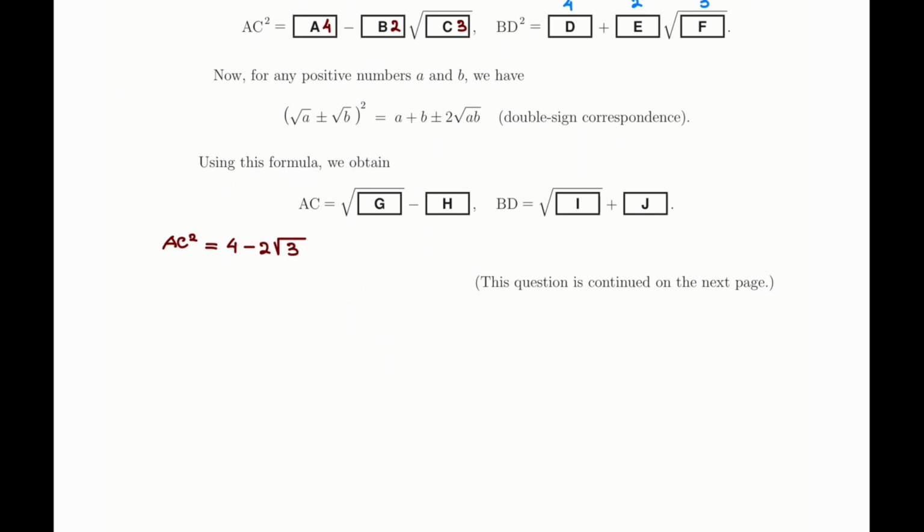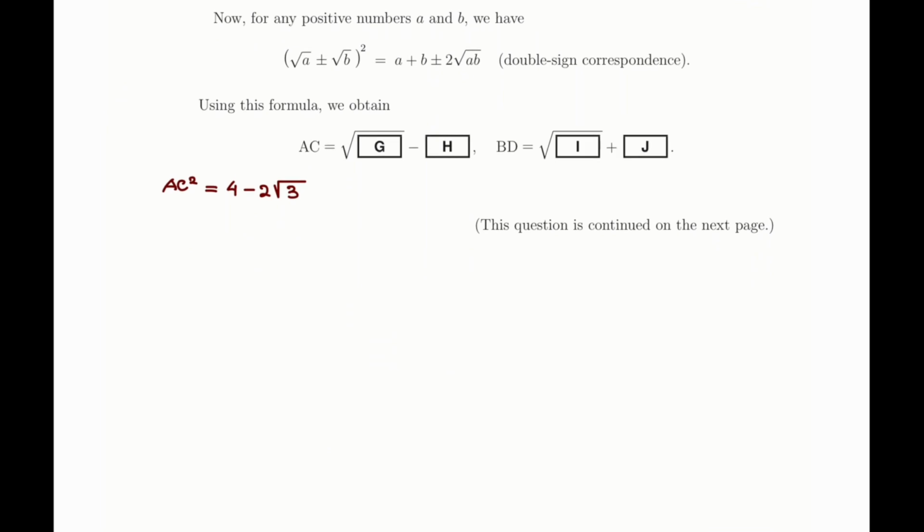If I manipulate this form into this one, I can write down AC squared is equal to 1 plus 3 minus 2 square root of 1 times 3.